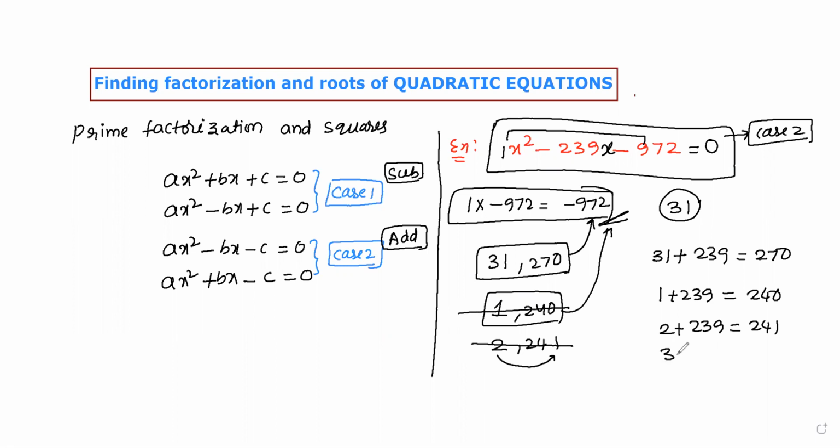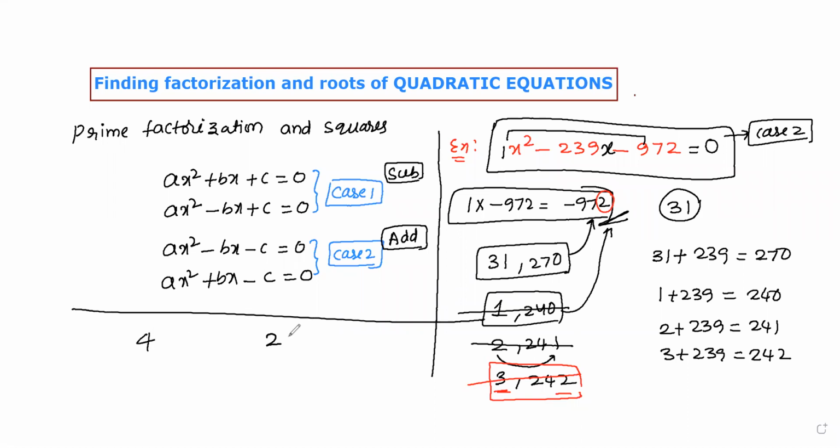The next time I am taking 3, then I got here 242. So 3 and 242 combination I got. But if you see, the unit place of this product will be 6, and I have 2 here. So that is the reason it is also eliminated. So now I am taking 4 here.